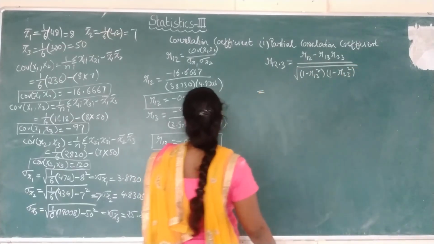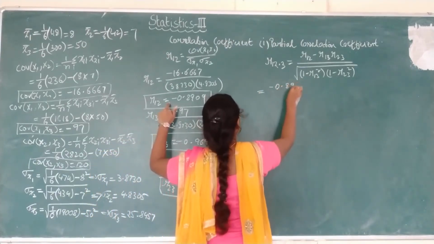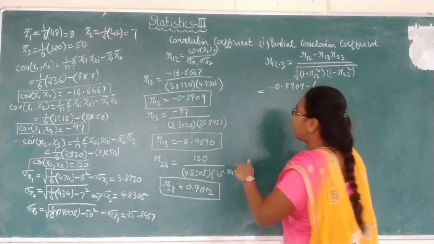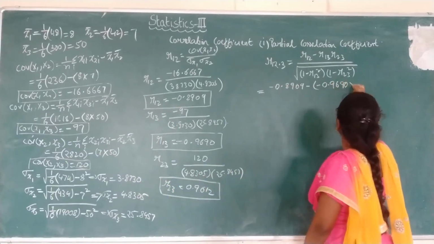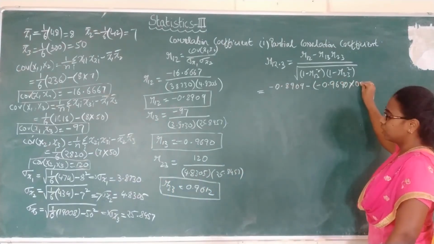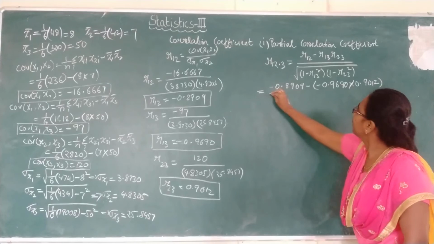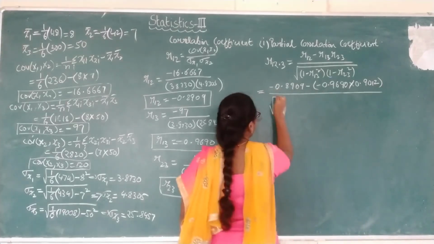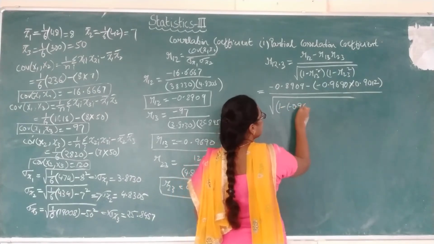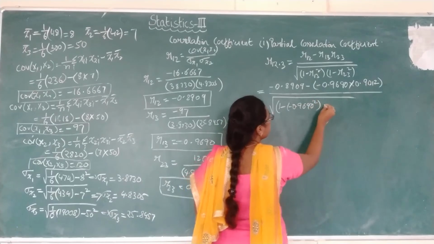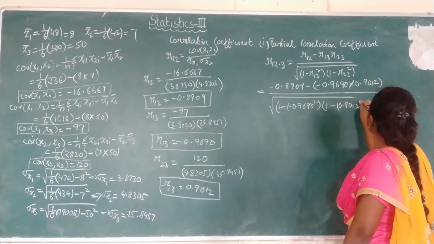First, the r12 value is minus 0.8909, minus the r13 value, minus 0.9690, into the r23 value, 0.9612, divided by square root of 1 minus 0.9690 square into 1 minus 0.9612 square.